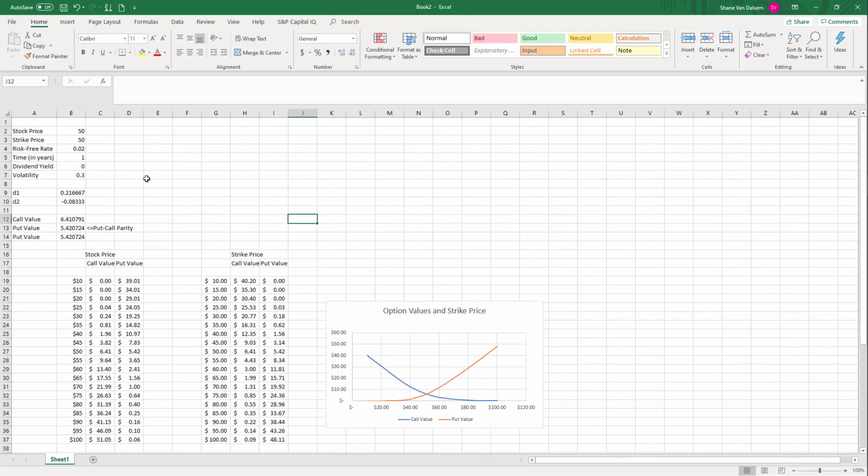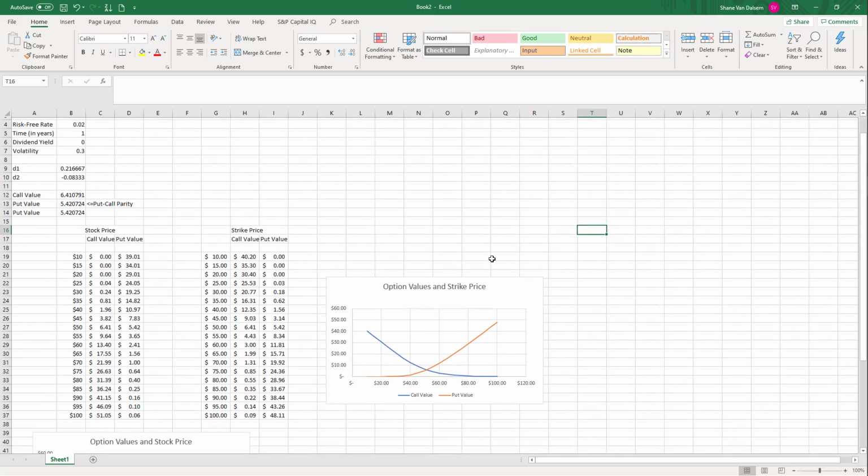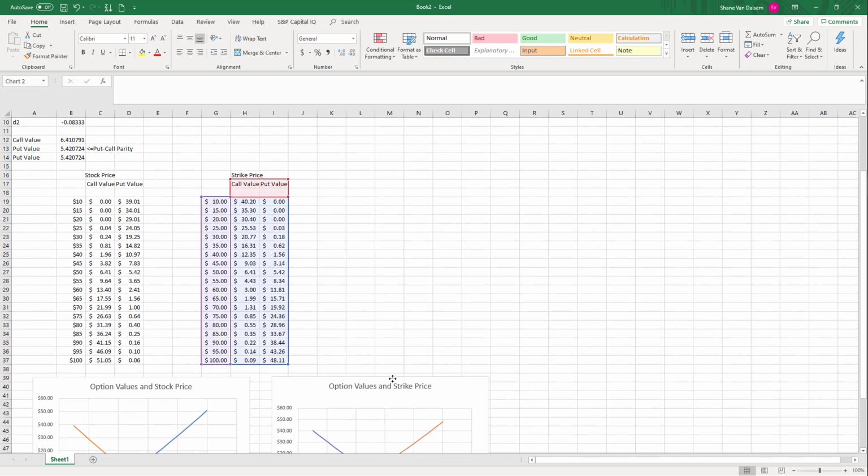Our next one is the risk-free rate. This one's a little weird. As part of my comprehensive exam for my PhD, I actually had to prove all these relationships through mathematical proofs rather than just showing the answers here.